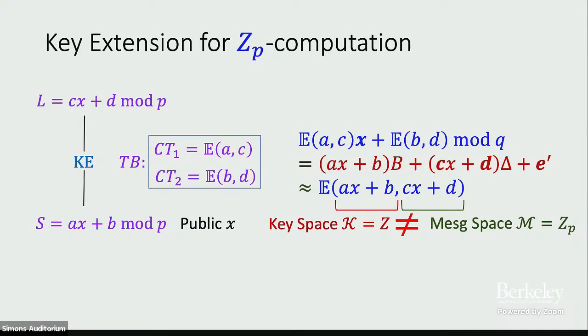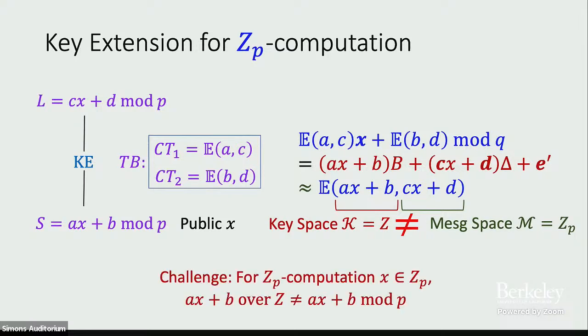These two are significantly more complicated than the bounded integer computation. And the main problem is the same. Say that I have a key space which is over the integers and a message space which is over Z_p, where Z_p is exactly the computation ring. Now, I can never have the case, given ax plus b, the short label mod p, to recover ax plus b over Z. That will just never happen.